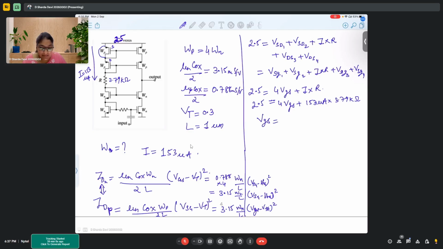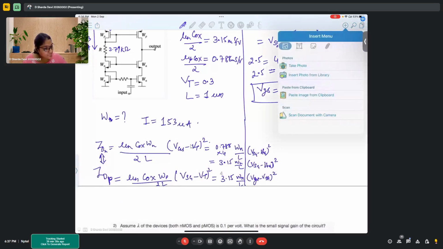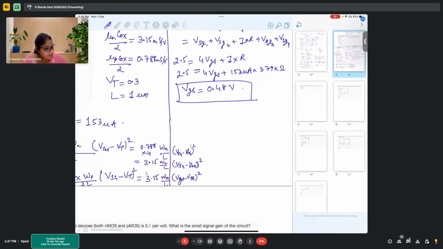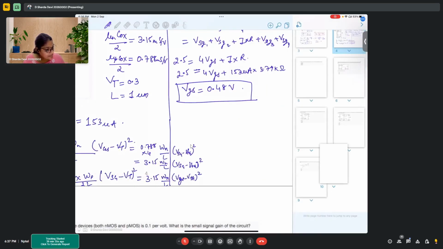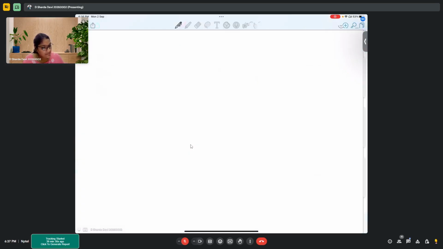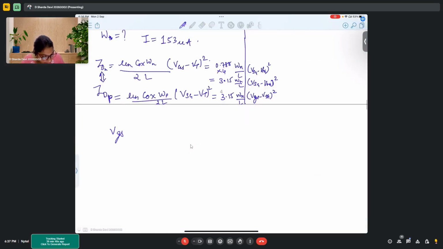So then by solving this, VGS turns out to be how much? What is the value of VGS that we are getting? Okay, so when you solve this, the value of VGS that we'll get is 0.48 volts. Okay. Now, when we got 0.48 volts as our VGS, we know VGS is 0.48 volts.